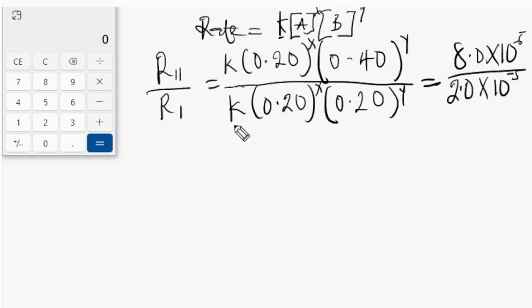So guys, having written this out, K is out here, and then 0.20 to the power of X is out.